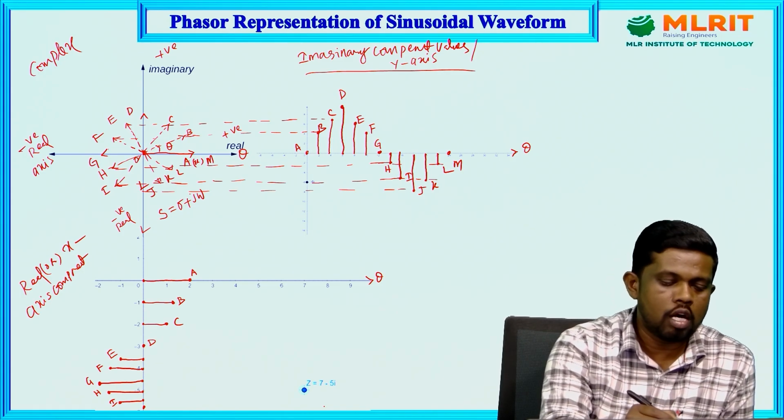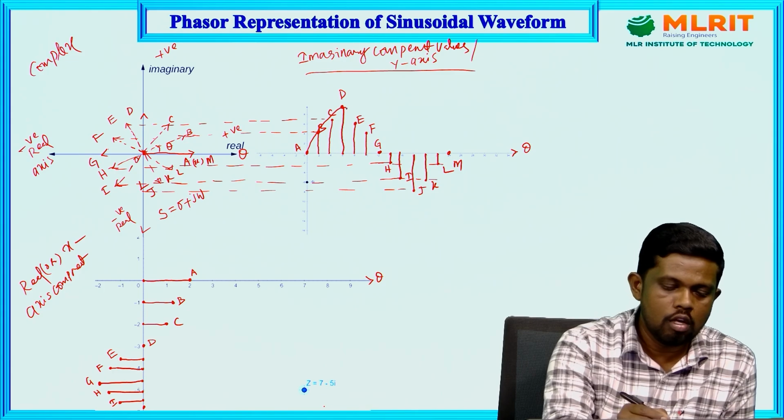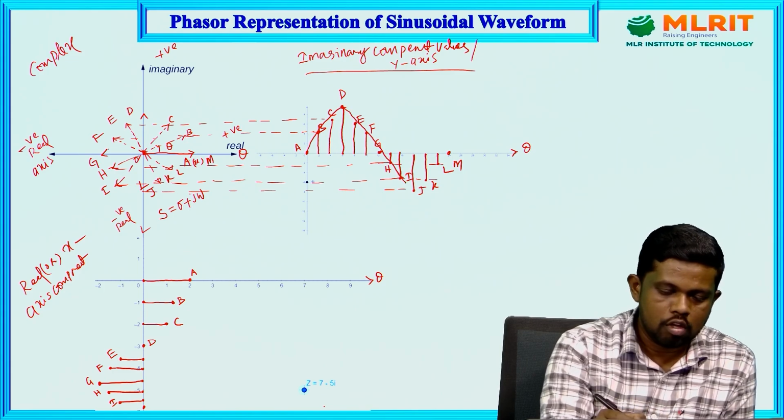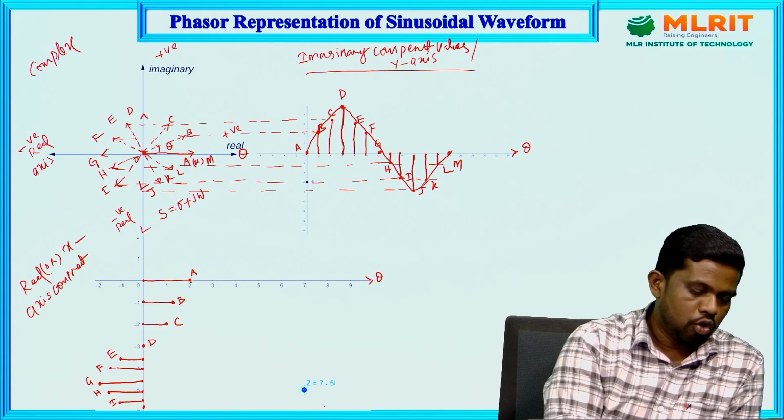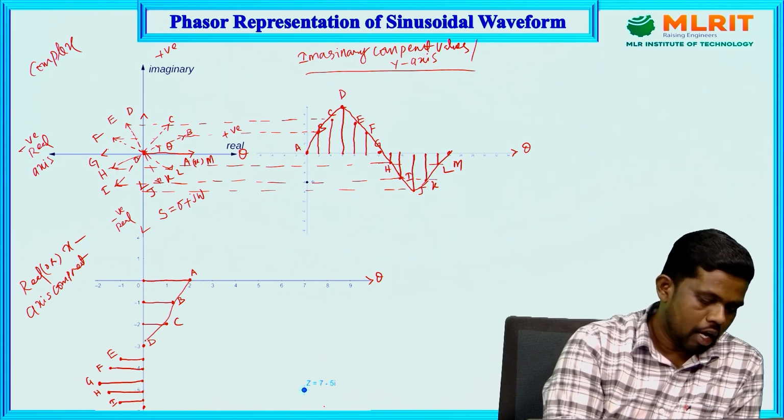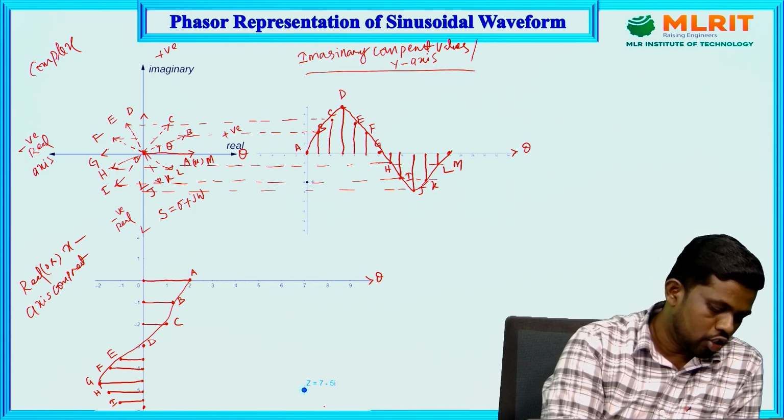If you are able to join these points, then we will get the pure sinusoidal waveform. The vector rotation in the complex plane represents the pure sinusoidal waveform. So here also we need to join this one. So we will get a shifted sinusoidal waveform.